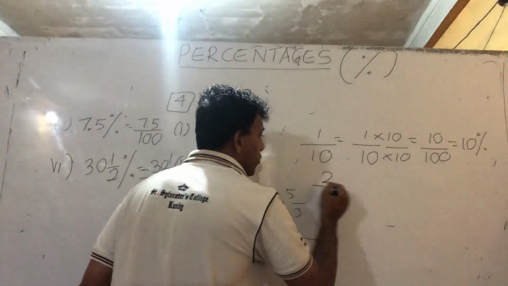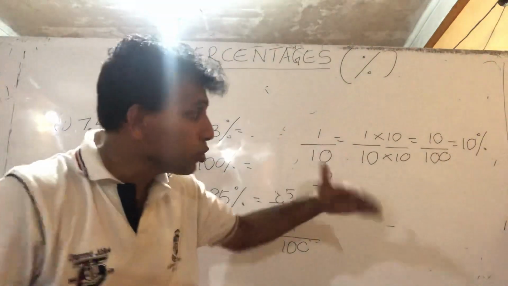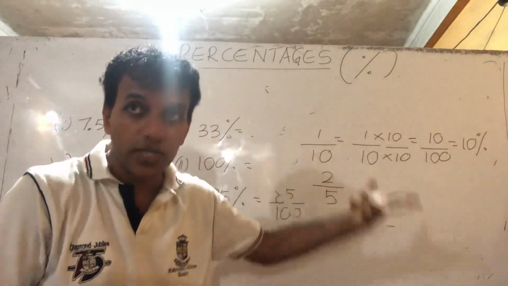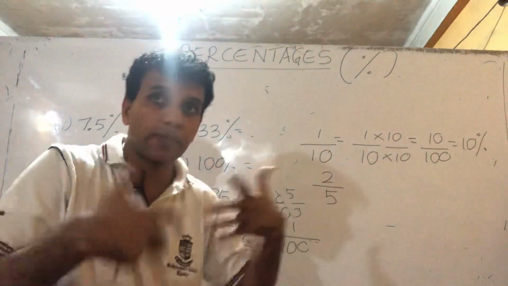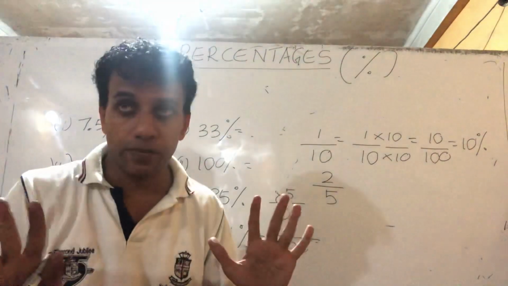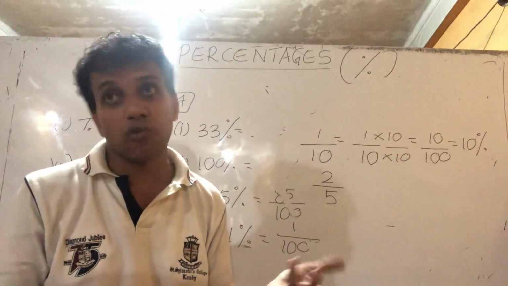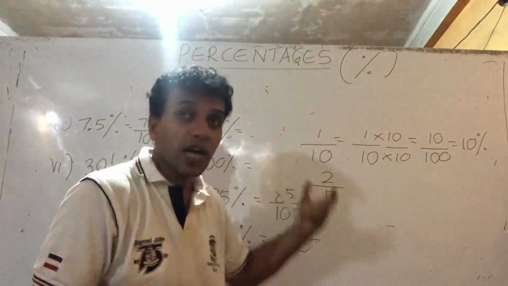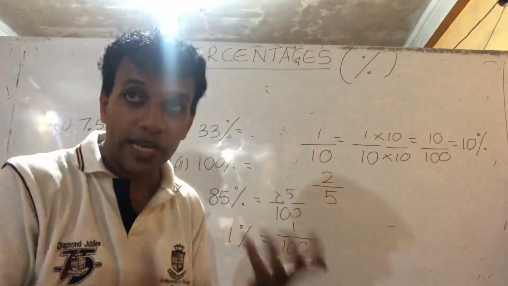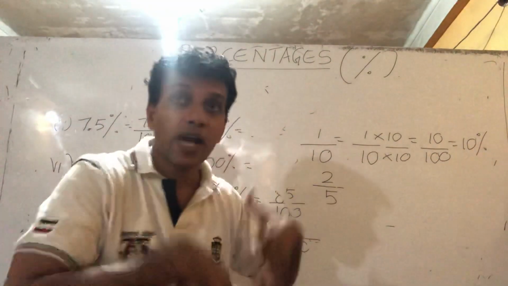2 over 5. How to convert 2 over 5 to a percentage? Below should be 100. That is what you did in grade 6. You forgot everything. So another chance, final chance to learn this in my explanation. So make this 5 into 100.